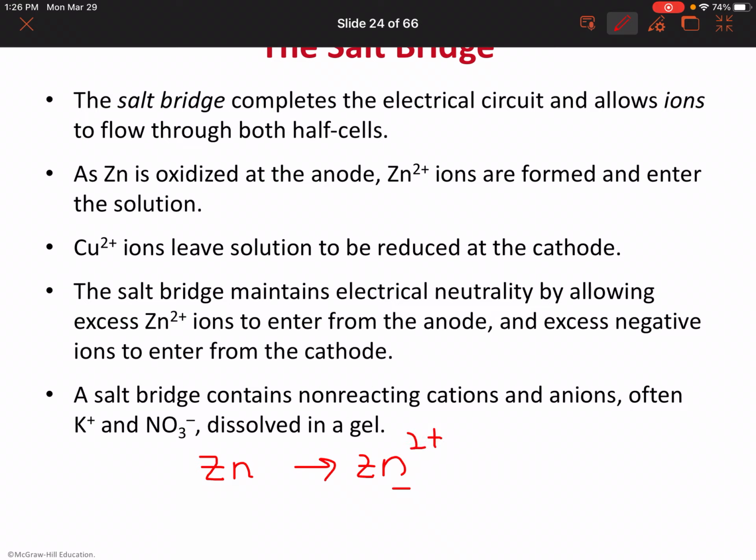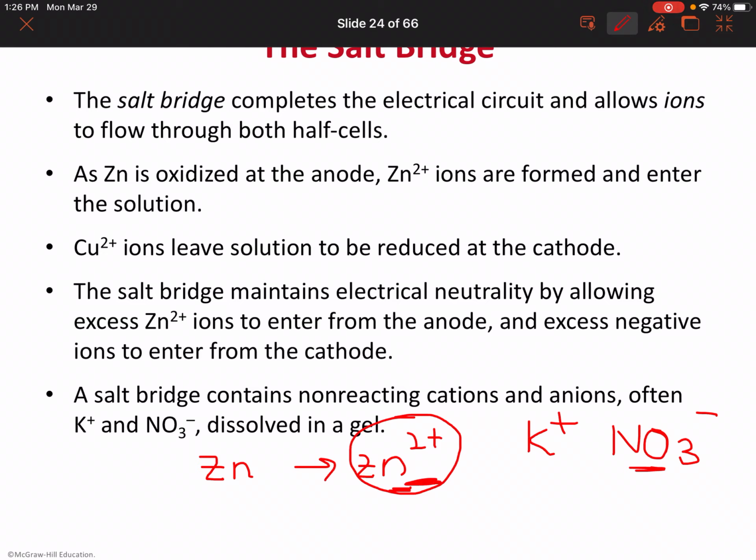Right? So zinc 2 plus ions enter into the solution. So then in our original solution you have a cation. So there needs to be an anion to neutralize it. So if you have K plus and nitrate ions in the salt bridge, it helps to have a counter ion for these zinc ions.